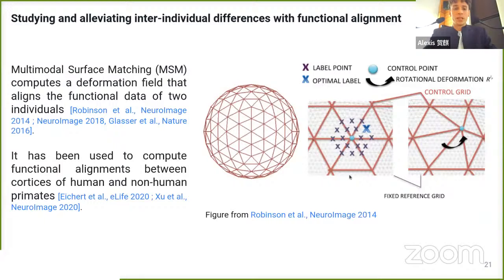Also, one cannot but speak about the seminal work of Emma Robinson and colleagues, who introduced the multimodal surface matching method, used, again, to functionally align brains instead of simply relying on anatomy. Mostly their method consists in computing a continuous deformation field of meshes so as to maximize functional similarity between individuals.